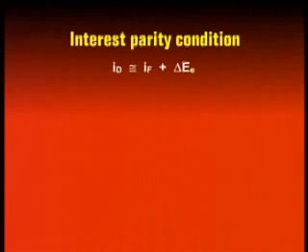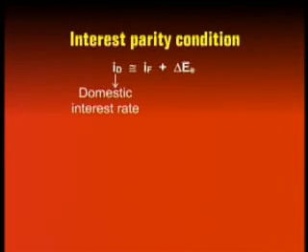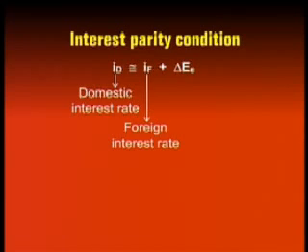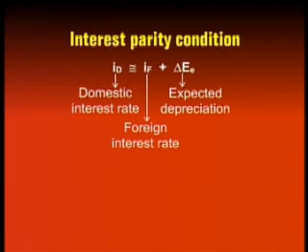The condition simply is that the interest rate offered domestically should be equal to the interest rate being offered in a foreign country, that is the US in our case, plus the expected rate of change in the exchange rate, that is the expected depreciation of the local currency relative to the foreign currency. So in this case, when you have 13% on the left hand side, you have IF equals 3%, plus you have delta E subscript E, which in this case is 10%, and therefore the rough equality holds. This equality is referred to as the interest parity condition.